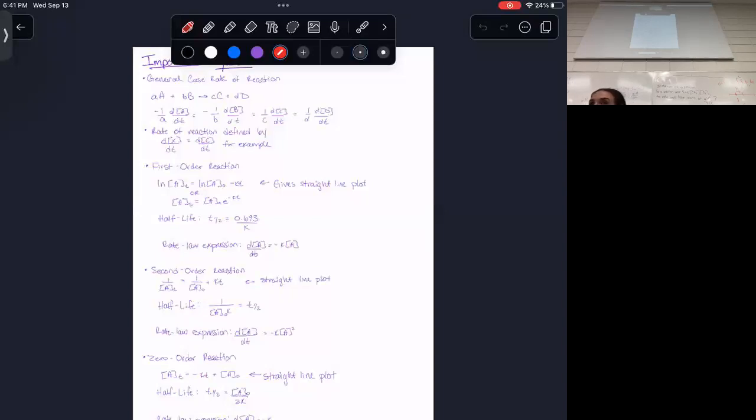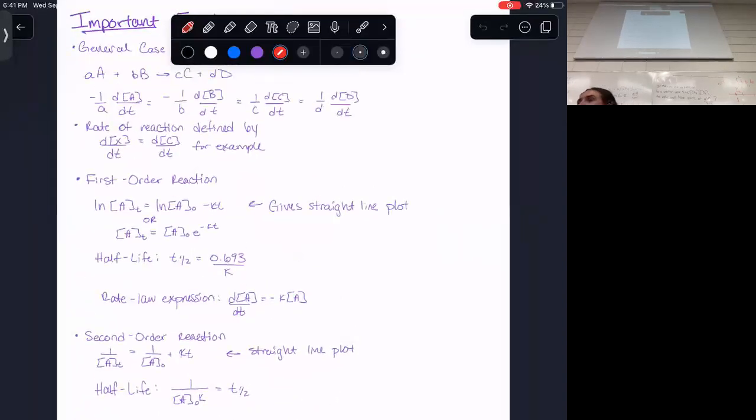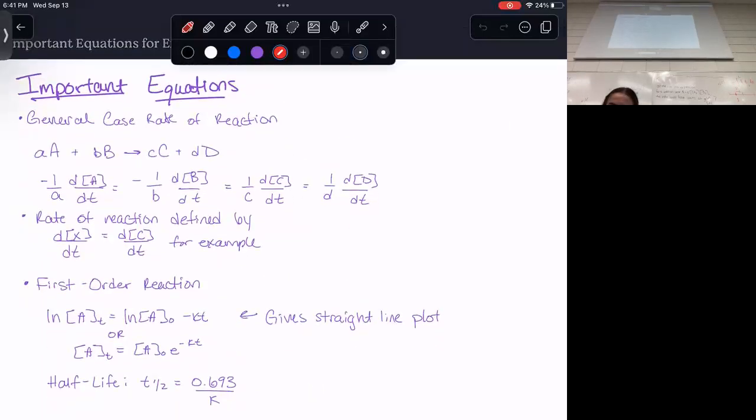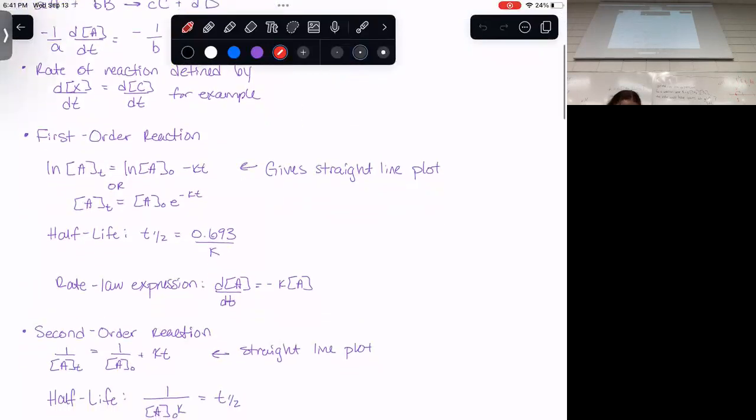Is this something we want to talk about? I can just post them, whatever's easier. Am I allowed to do that if you're supposed to memorize them? I don't have to take a photo now. So I'll just write this on the Zoom. I guess I'll just scroll through and you can go back and pause it later.